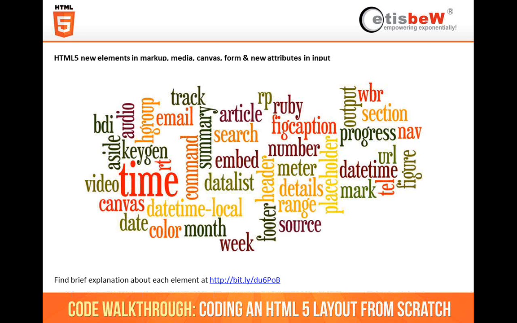Let us take a home page here. For every home page, for every website, we need an HTML, a header, a footer, and a content part. If you see this tag cloud, you can see a header tag and footer and content, aside, navigation, and the main thing is nav.